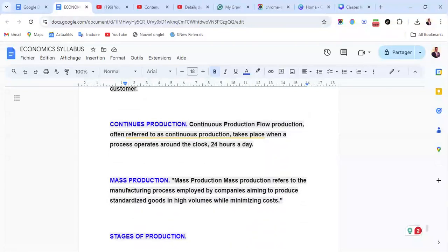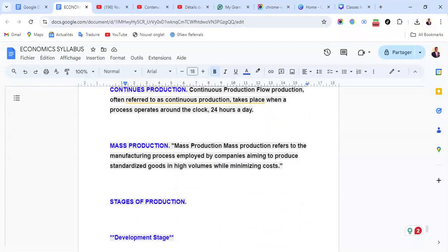For example, chocolate, say milk, and other things. Mass production refers to the manufacturing process employed by companies aiming to produce standardized goods in high volumes while minimizing cost. So that is it about types of production.